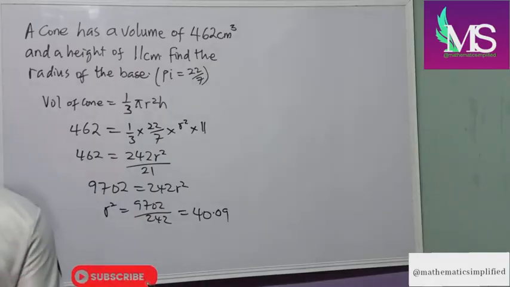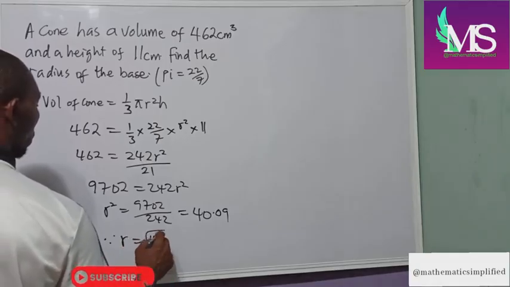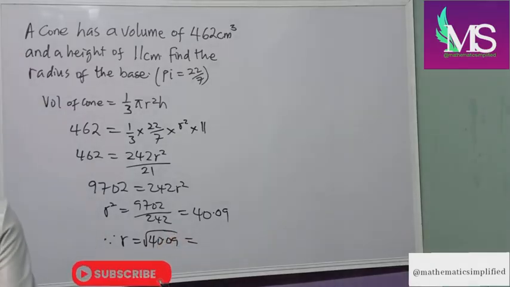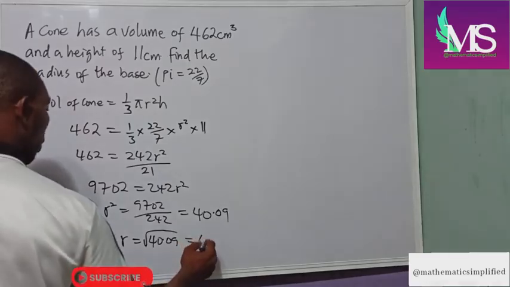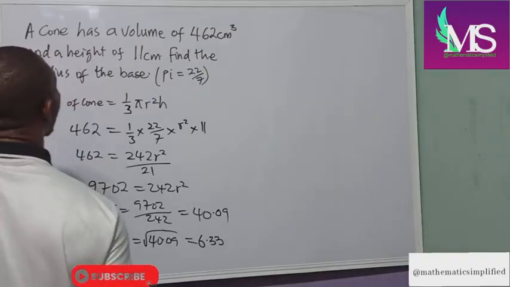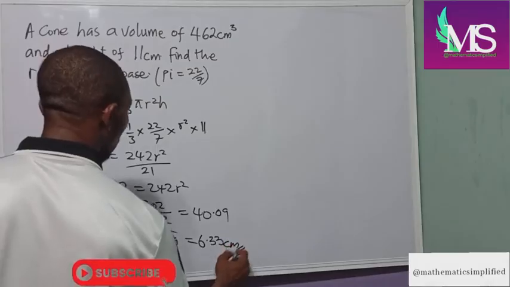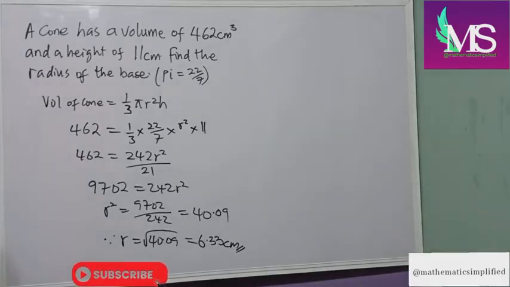Okay, now 40.09, so therefore our r equals root 40.09, which would give us 6.33. Okay, 6.33 now will be our radius. 6.33 centimeter will be the radius of our cone.